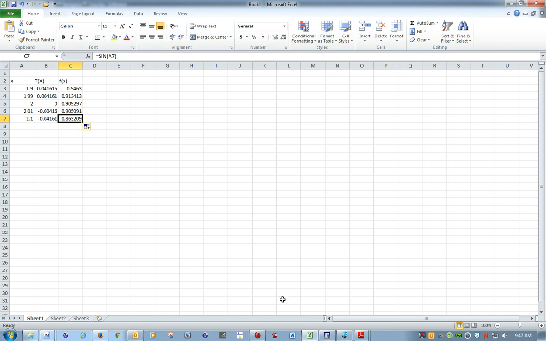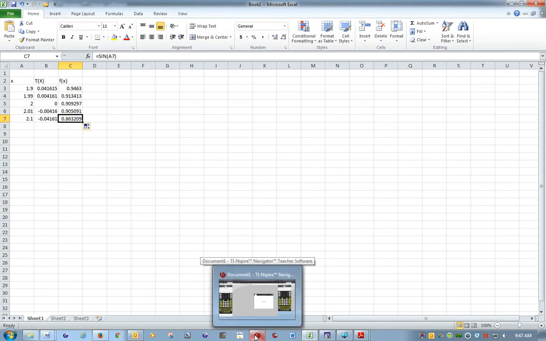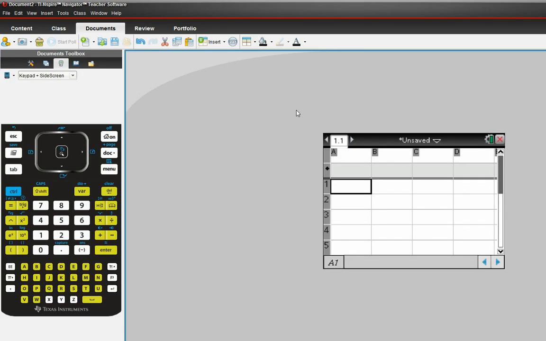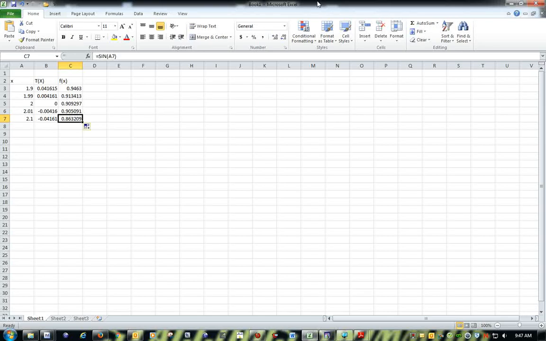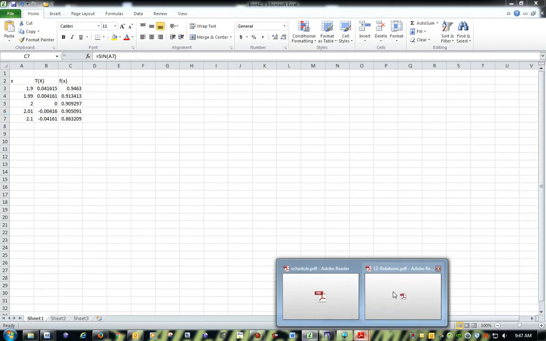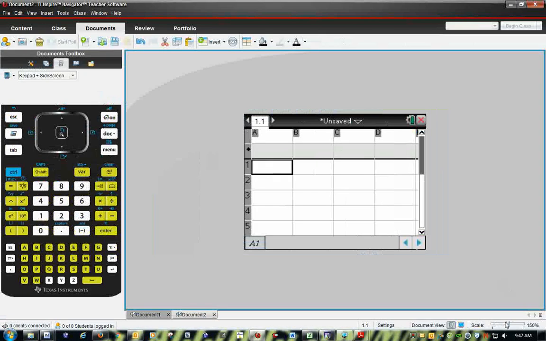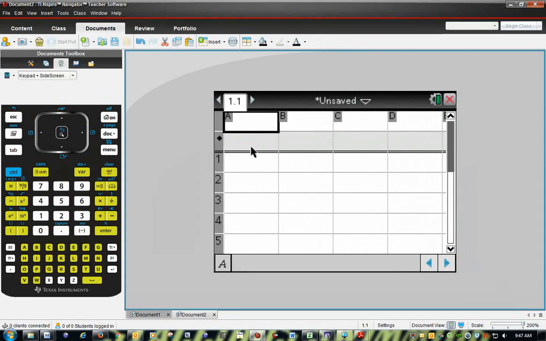I'm actually going to jump into here. I'm going to use the calculator because I think the calculator might be a little bit better for this. Make that a little bit bigger. We'll call this D. Just picked one. 1.9, 1.99, 2, 2.01, 2.1.